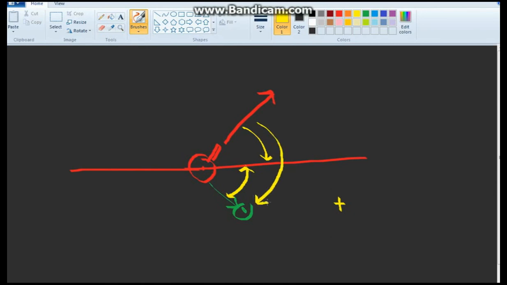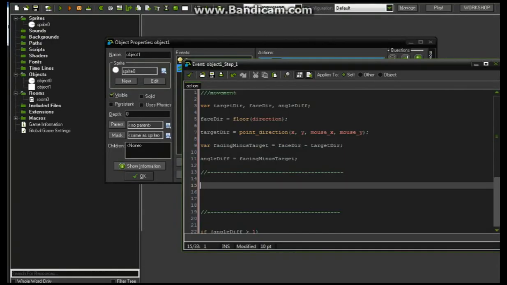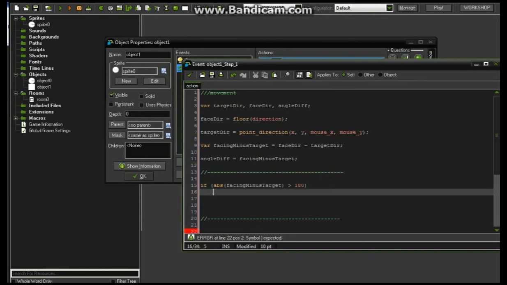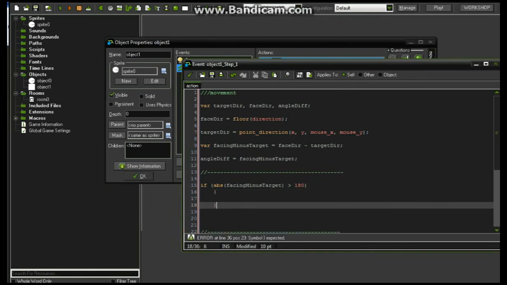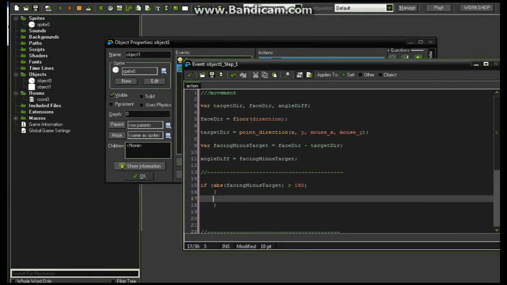So add these two angles together. We're going to say if the absolute value of our facing minus target is greater than 180, this new rule now applies.